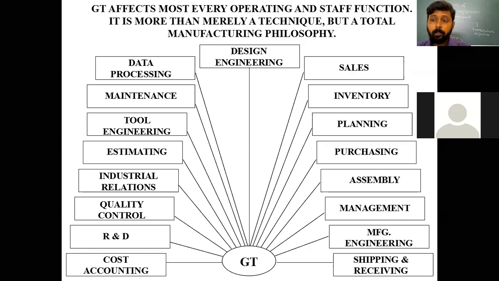So this is how you have to relate group technology with other parts of the industry. Purchase, planning, inventory, assembly, manufacturing, engineering, shipping, receiving, everything is going to be affected if you are going to apply group technology.